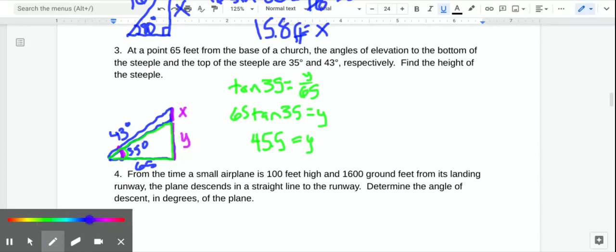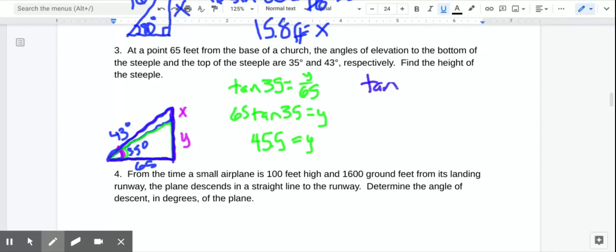Now let's take a look at the bigger triangle, this one. So again, we're dealing with the opposite side and the adjacent side, so we're going to use tangent again. So the tangent of, this time, the angle is 43 degrees. The opposite side is x plus y, so x plus 45.5, over the adjacent, which is 65. So we'll multiply both sides by 65.